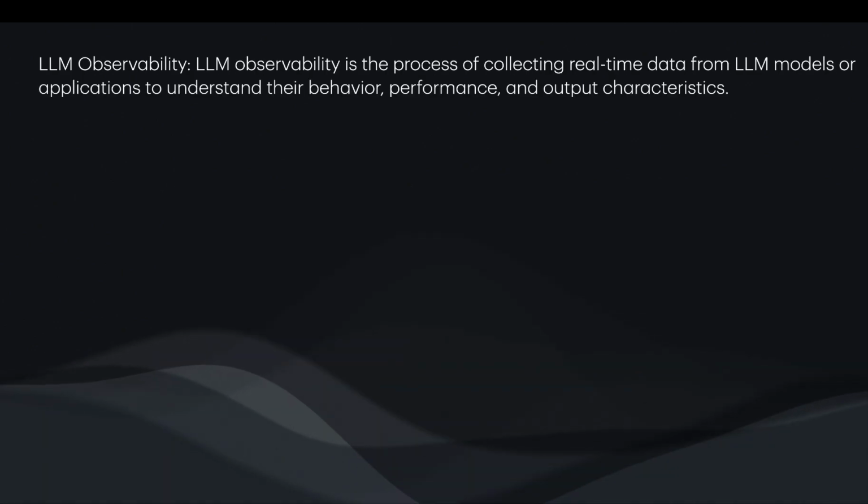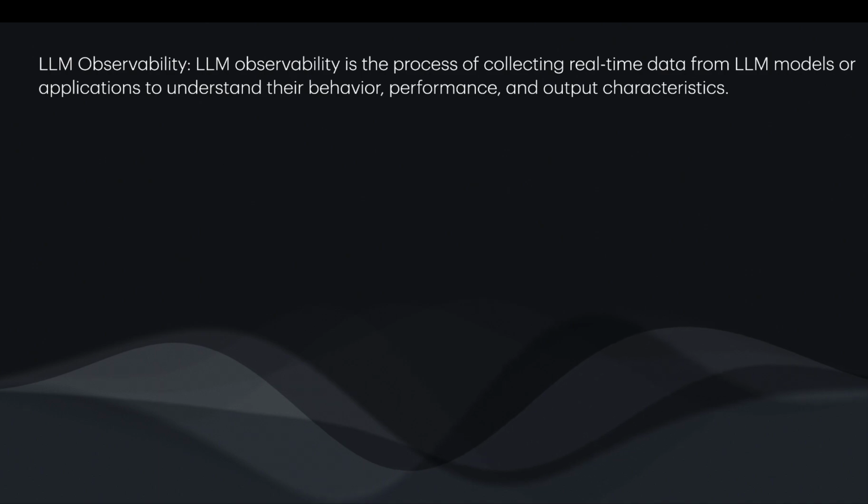Let's first discuss what observability is. LLM observability is the process of collecting real-time data from LLM models or LLM applications to understand their behavior, performance, and output characteristics. These three parts are quite crucial.